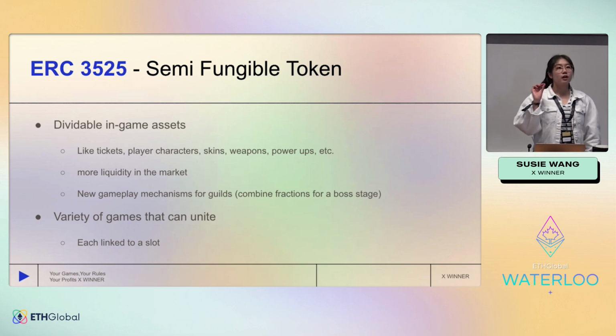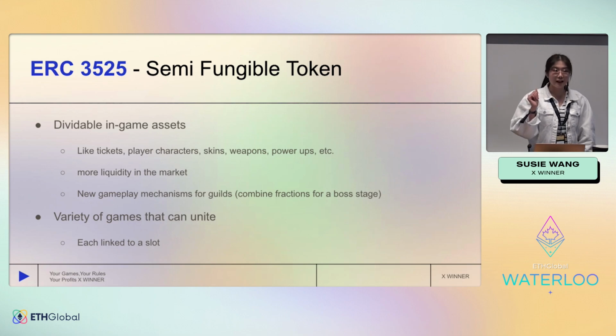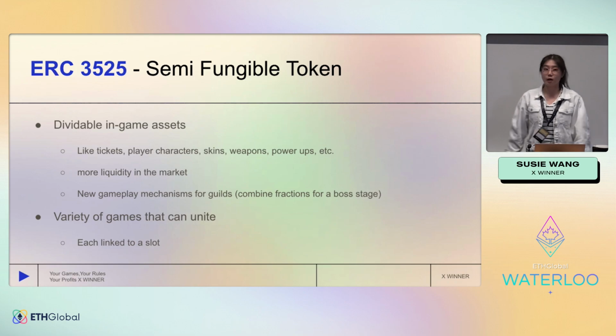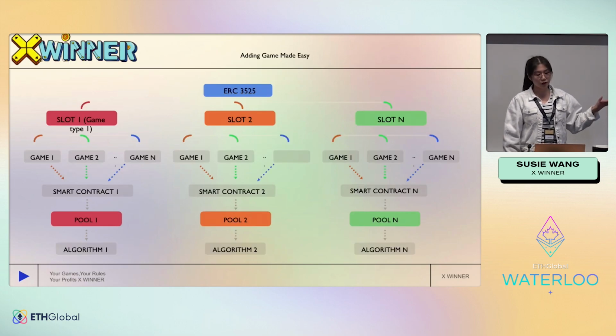And the second one is that variety for games can be united. You guys know variety is definitely the spice of our lives, especially with gaming. If I play a game for maybe 24 hours, I will get tired. I just want to play something else. So we want to have variety. With ERC3525, we can have different slots for different types of games, different gaming genres.